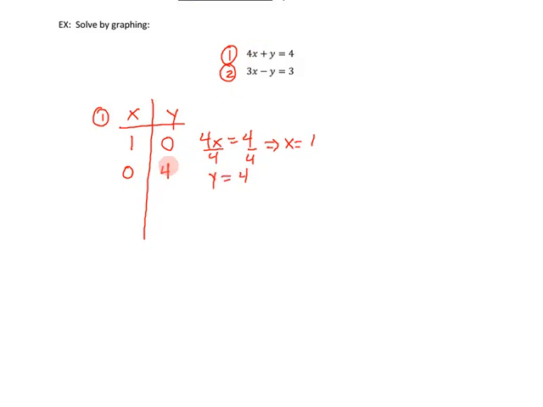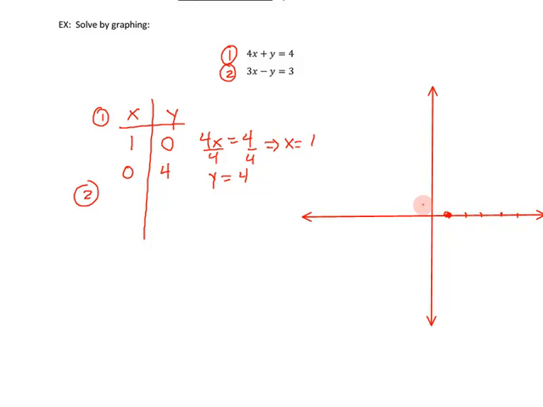So if I were to graph that on our Cartesian system, those 2 points are, right here, 1 and up 0. So there's my first point.